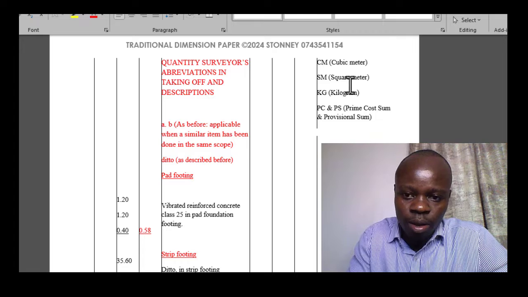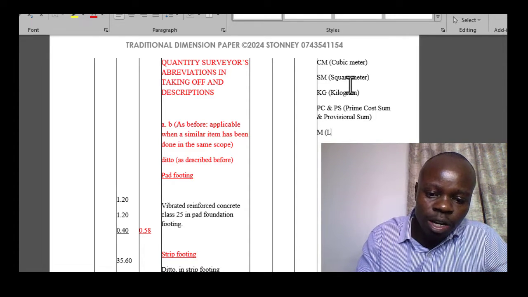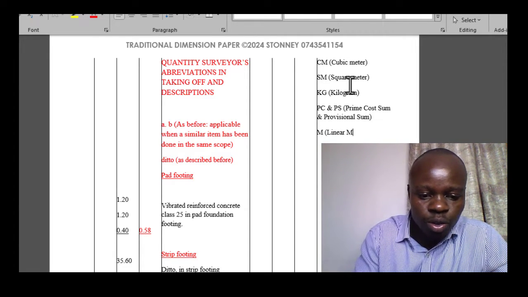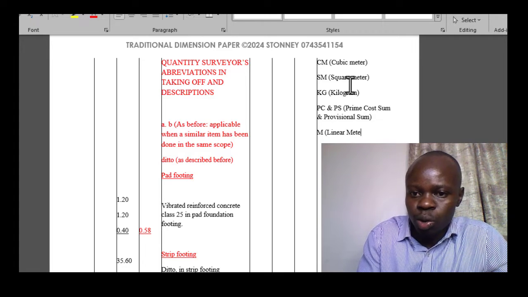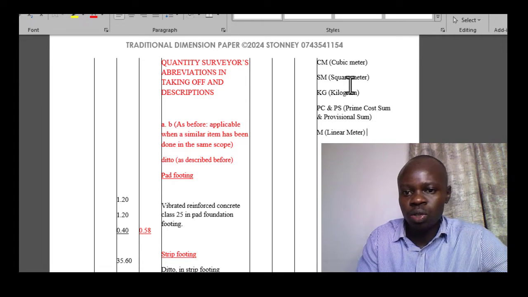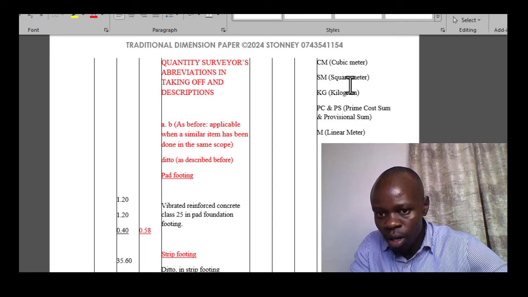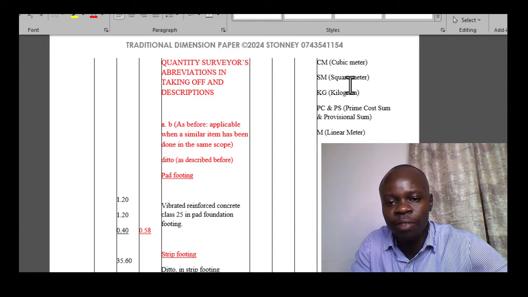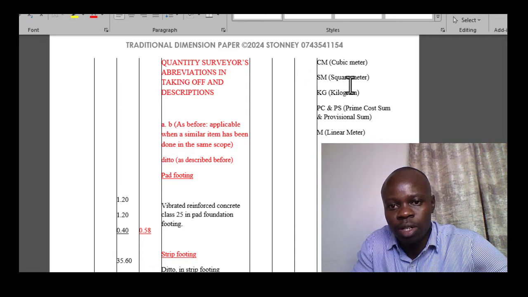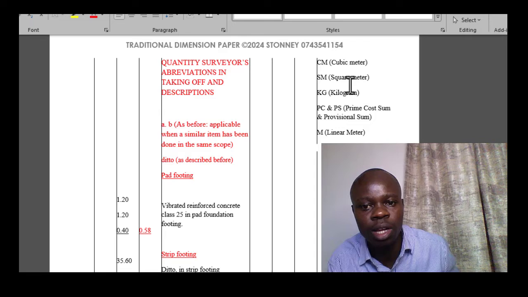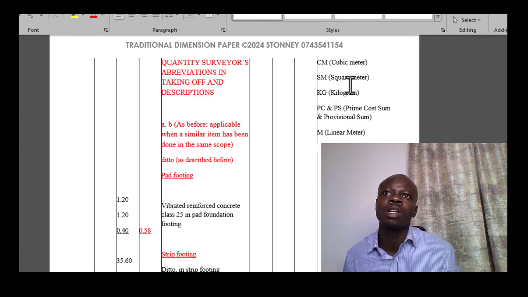Okay, then M stands for linear meter. This one you will also come to appreciate when you have those abbreviations in your bills of quantities. So let's see whatever is remaining: the cm, square meters, kilogram, PC and the PS, meters.